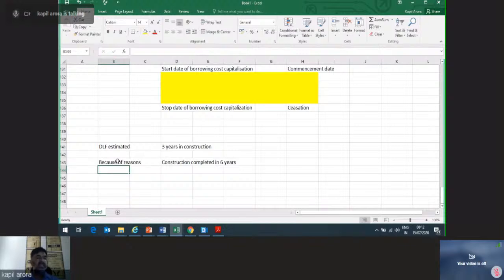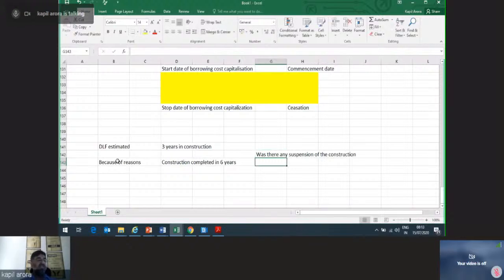It means that during the construction period, I might have stopped the work, I might not have been doing anything, right? So it becomes important to know whether there was any halt in between, which we can call a suspension of the construction.